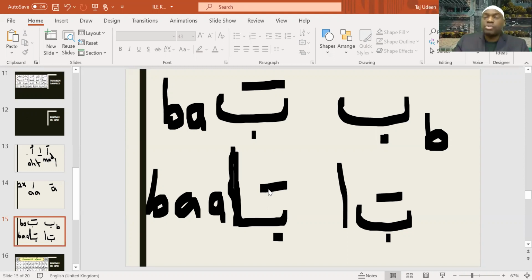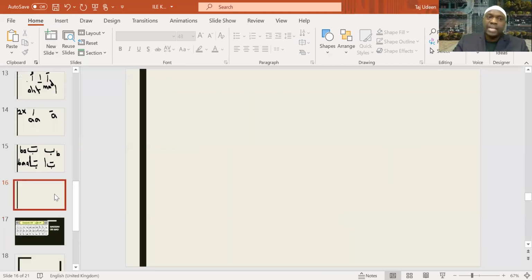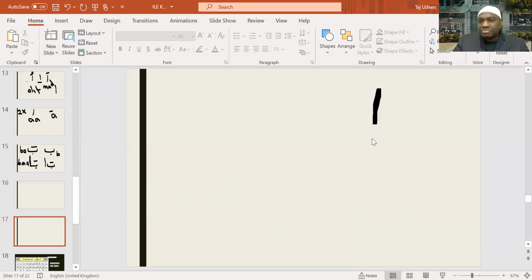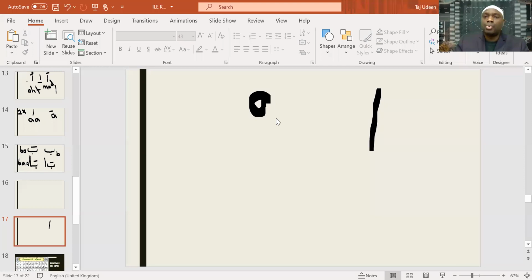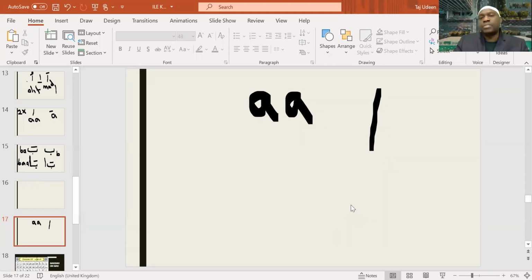Today we are focusing only on alif mad, just alif mad, inshallah. What is alif mad? Is alif that doesn't have fatha, no kasra, no dhamma. Is called alif mad. And the sound for mad is just 2 counts for a. Normally it goes with fatha.